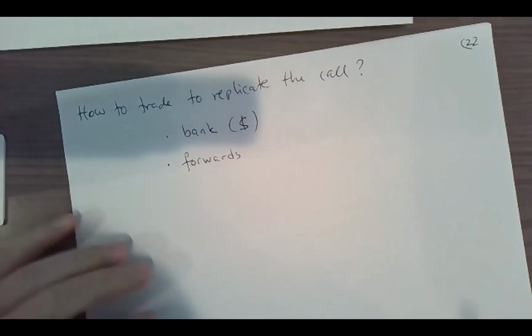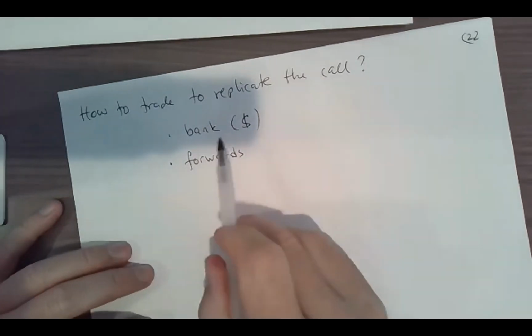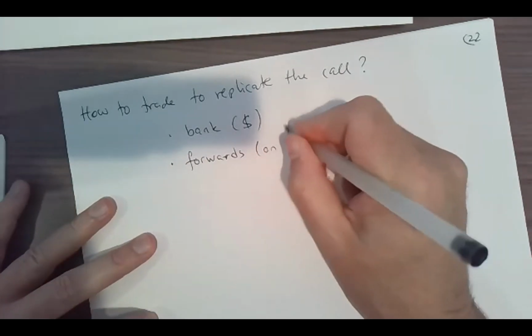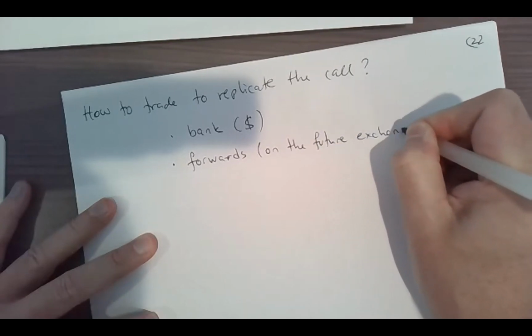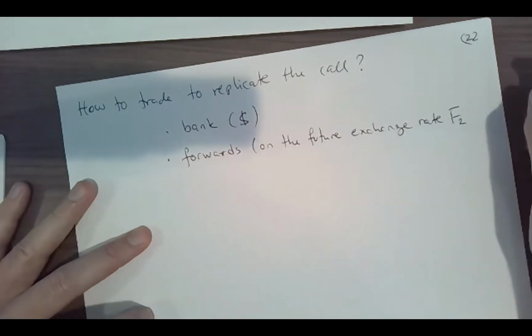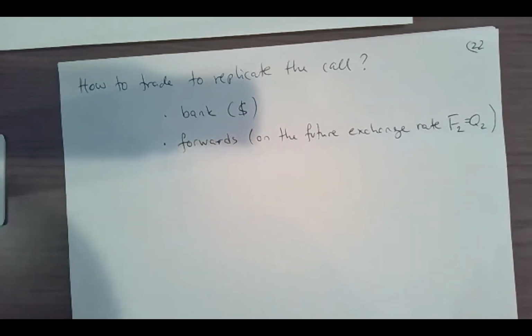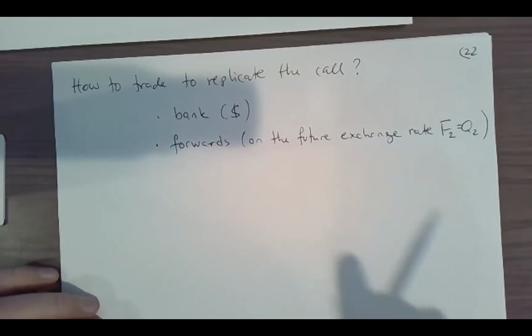So let's just recall how to set up this replicating portfolio. These are forwards on the future exchange rate. It was F2, which was my Q2. Let's try to figure out how we should trade in these objects in order to replicate the call.